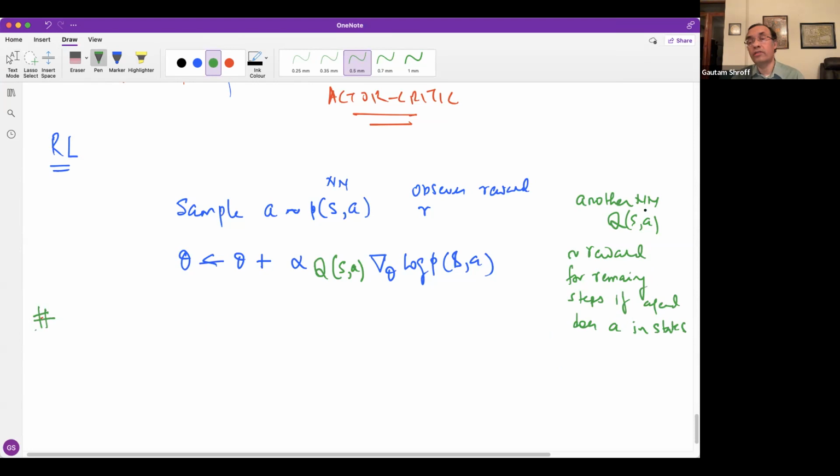If it is true that this Q(S,A) is actually, so you've done all this stuff from 0 to k, and now this Q of s_k given a, given any action, is an estimate for the balance, the entire sum of rewards I'm going to get after that, right?